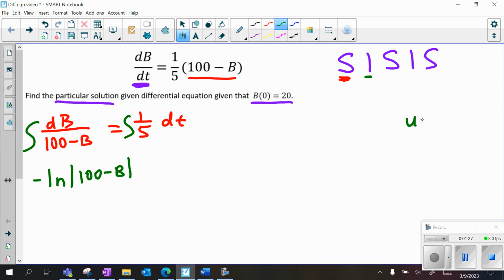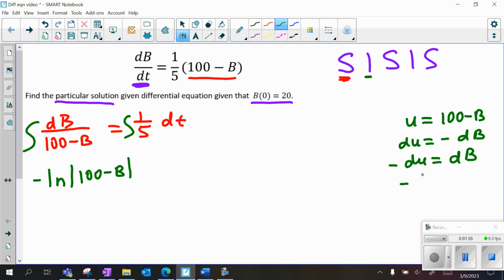If you allowed u to equal 100 minus b, then du would equal negative 1 db. Notice we do not need any negative here. It's only 100 minus b, so we'll divide the negative over to the left. So negative du equals db.